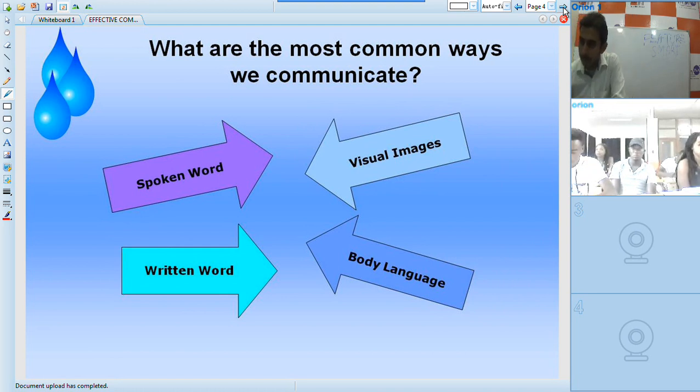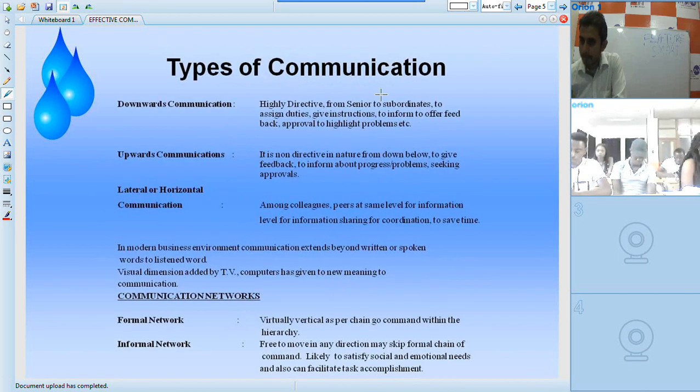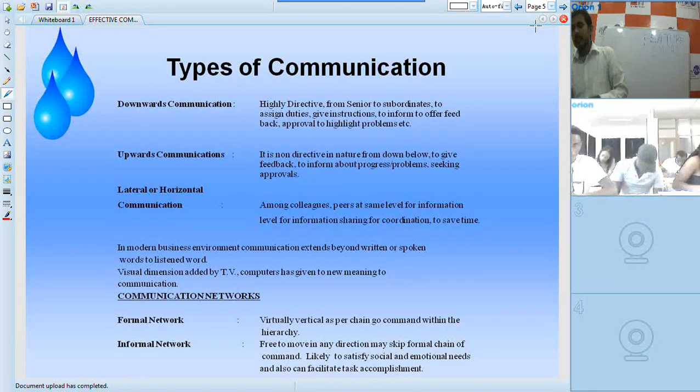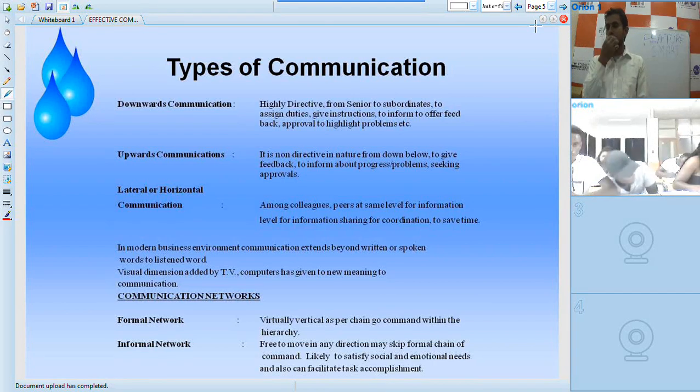Any doubt? Then there are various types of communication. You need to understand all those types of communication within the organization while you're working. The first one is downward communication, the most used communication.